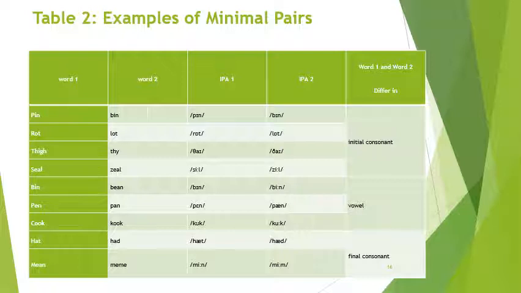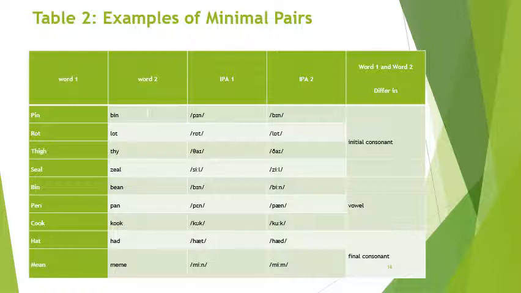On these slides we have examples of minimal pairs. To see that clearly, we have designed a table that has 5 columns. Number 1 is word 1, number 2 is word 2, then we have transcriptions in columns 3 and 4, then we have the word 1 and word 2 difference, that is the area of contrast.